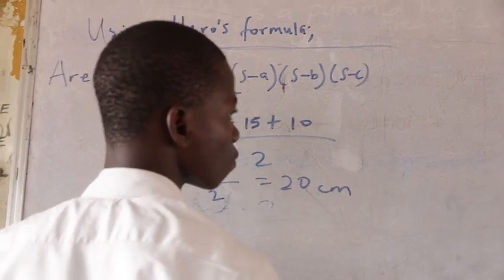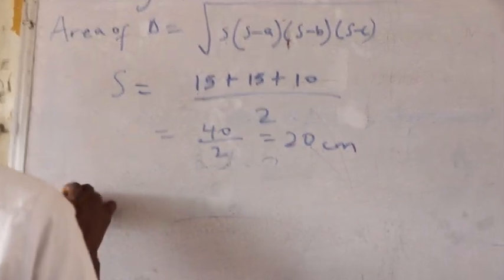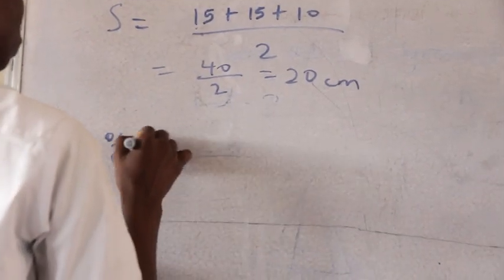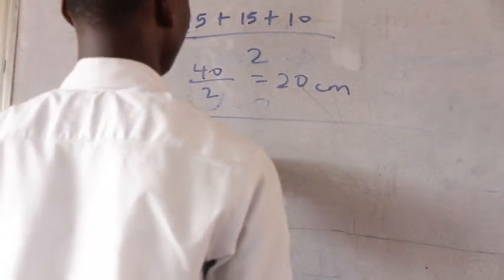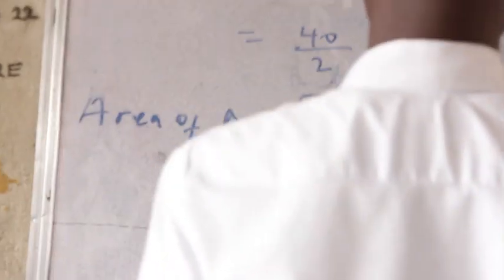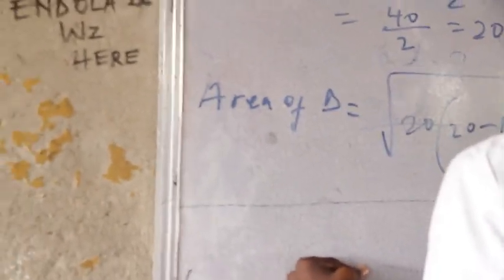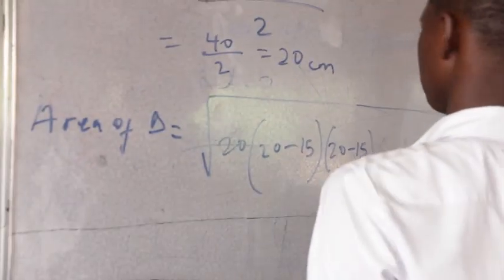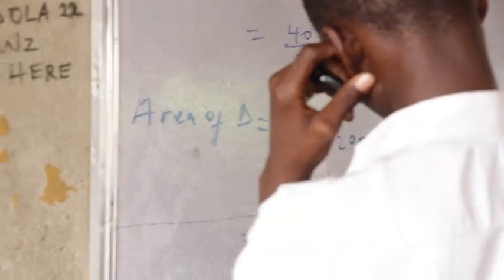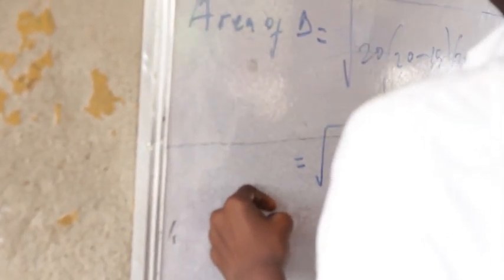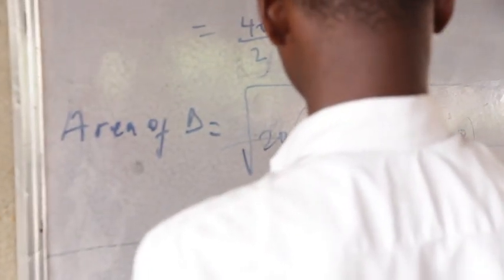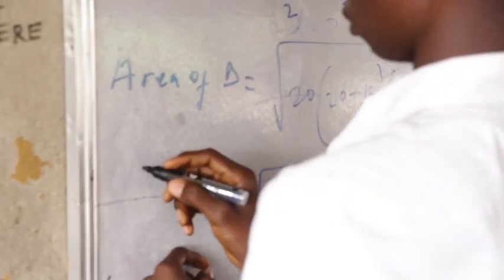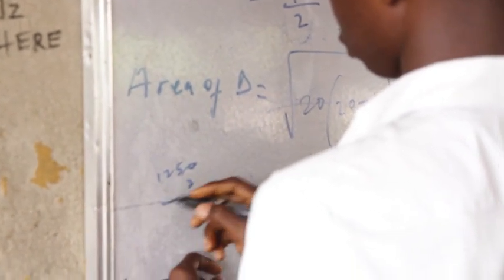Okay, using Heron's formula, area of triangle now. Let them multiply it for you.